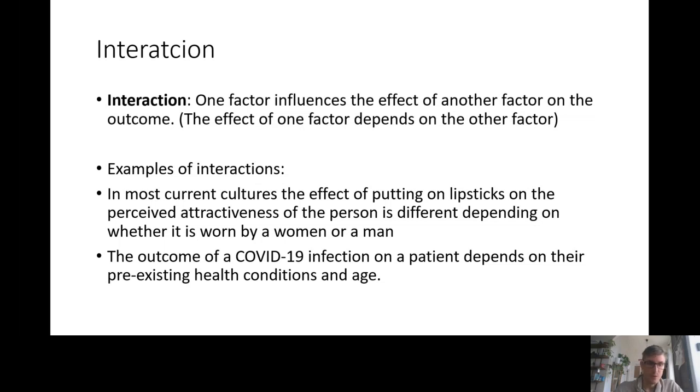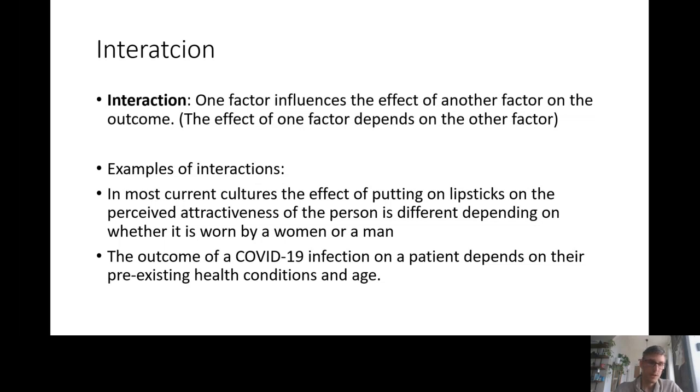Also, another example would be the outcome of a COVID-19 infection on a patient depends heavily on their pre-existing health conditions and their age. So even though we know that the infection has a certain death rate, for example, we also know that the pre-existing health conditions themselves would make a person more likely to die or not on their own.